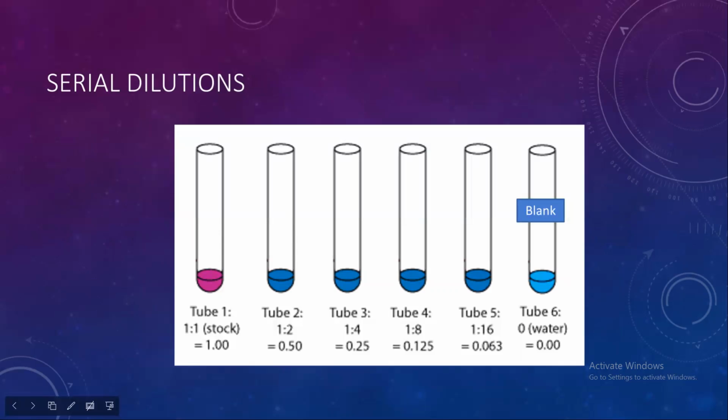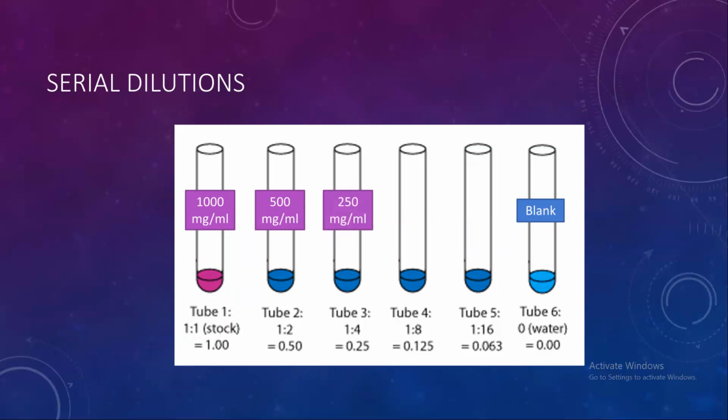For serial dilutions, you were given a question similar to this, and it showed how much was carried over on each step. So for an example here, if this first tube was 1,000 milligrams per milliliter, and then 1 mL of that got moved over and mixed in on the next tube, now our concentration has been cut in half. If we move over again, it gets cut in half again, and again, and again.